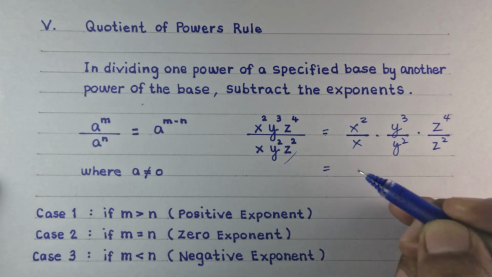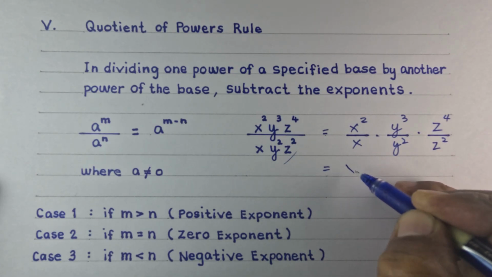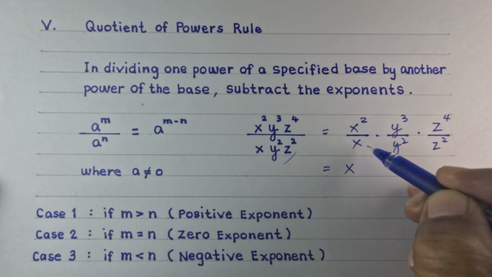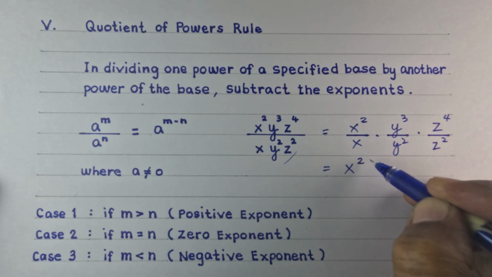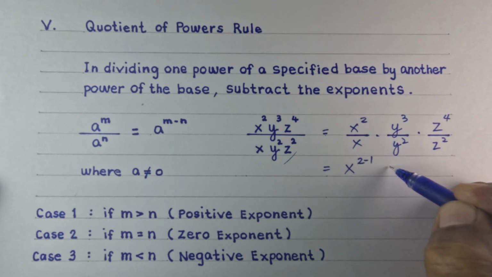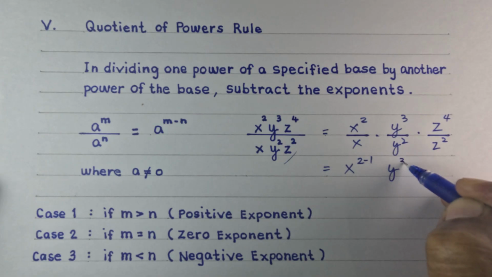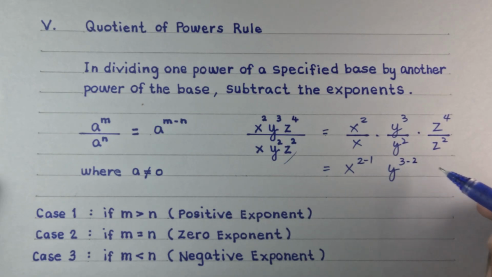And this is equal to x, we retain the base, x to the power 2 minus 1, times y to the power 3 minus 2, times z to the power 4 minus 2.